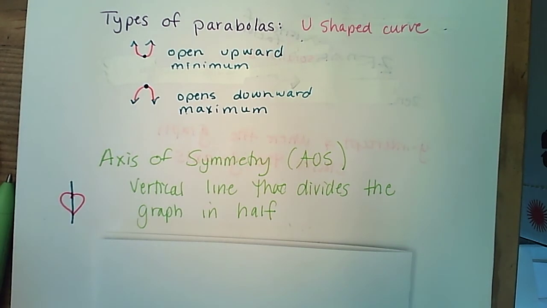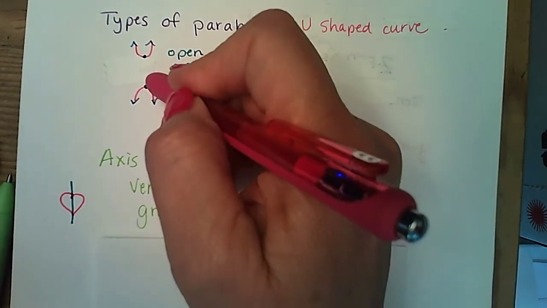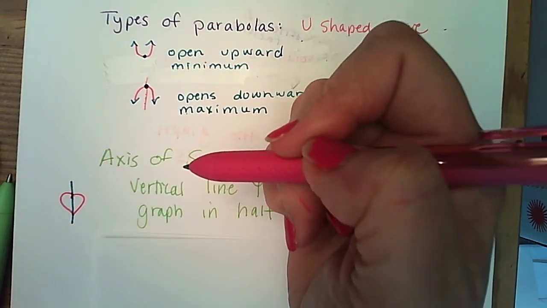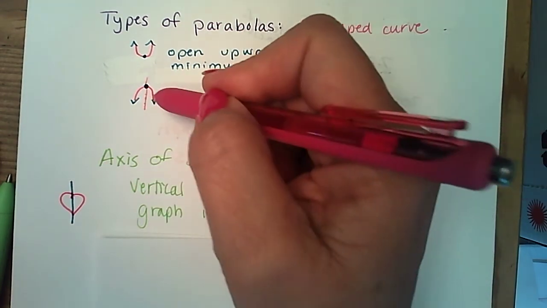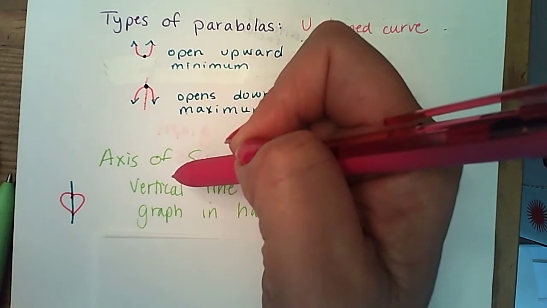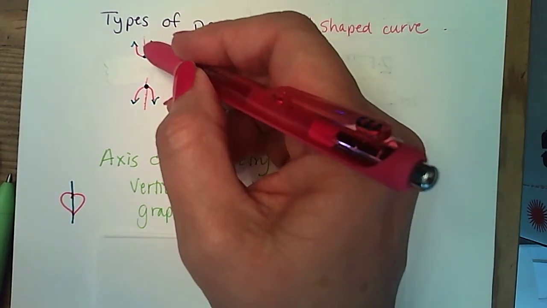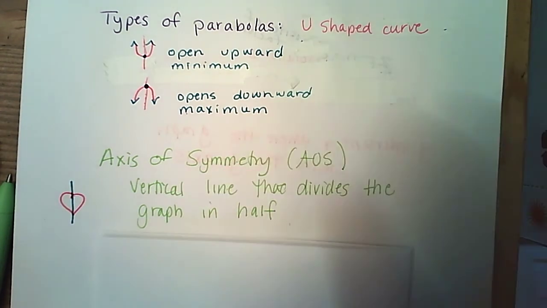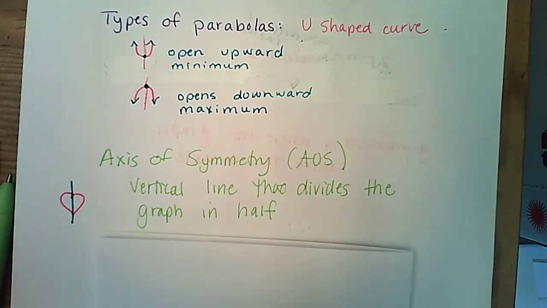Your sides match. Same thing here with the axis of symmetry. When this U is created, the axis of symmetry will come right down the center of it through that highest point, which we call the vertex. We're getting there in a second. And I can fold over my graph and it matches perfectly. I can take this axis of symmetry and draw this line like this. It should fold over and make my graph look perfect.